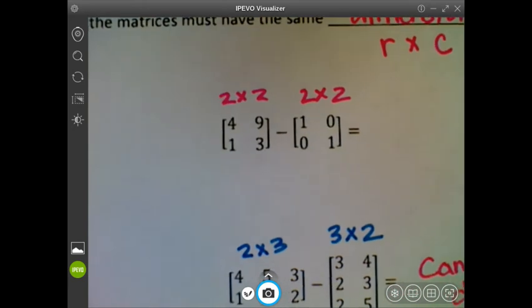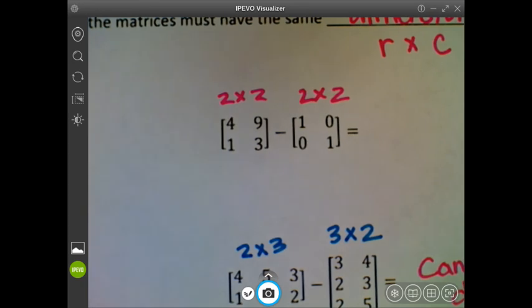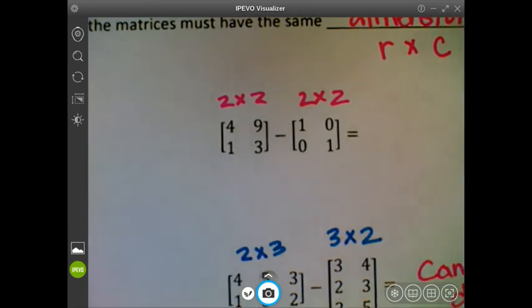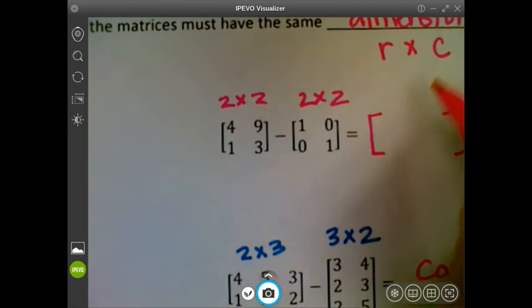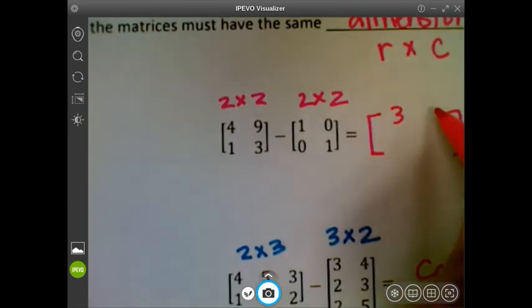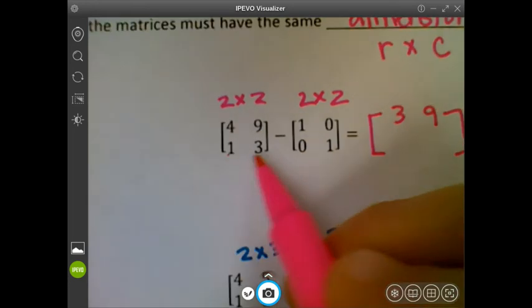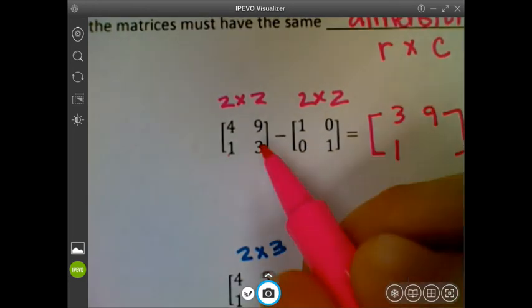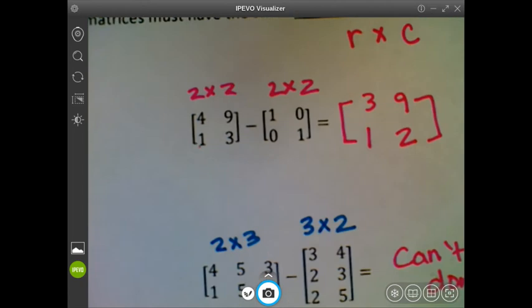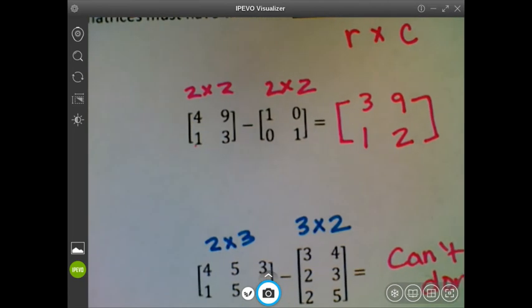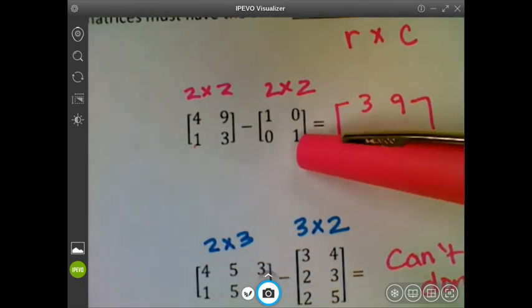All right. Subtraction, literally the exact same thing, except when you go to subtract, you do minus instead of add. So in this matrix, it'll be 4 minus 1, which is 3, 9 minus 0, which is 9, 1 minus 0, which is 1, and 3 minus 1, which is 2. So simple enough. By the way, this is the identity matrix.